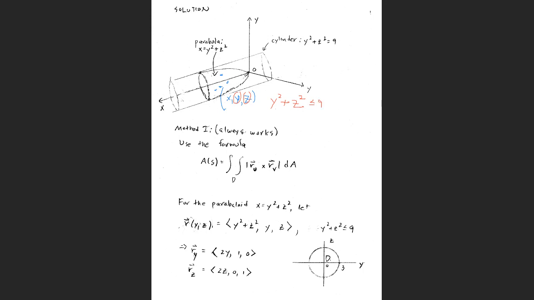Why is this restriction here? Maybe another way of asking it is, why can't Y squared plus Z squared be greater than 9? Why is that not allowed?